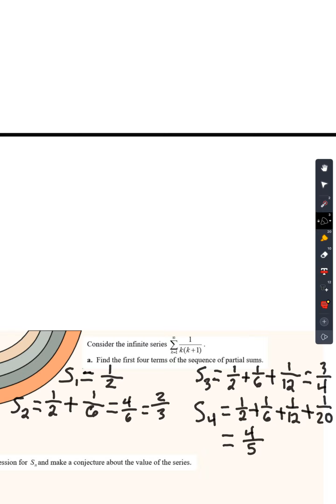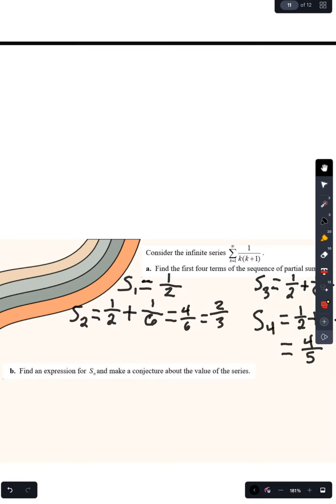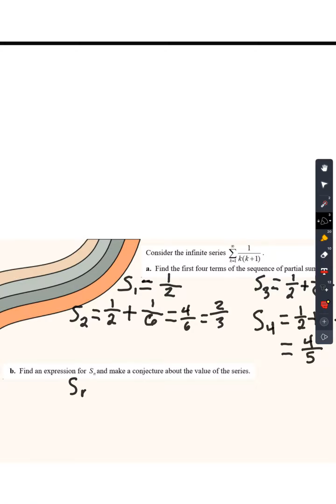So looking at those now kind of as a list in and of themselves, we had that our S sub n equals, we got 1/2 first, then 2/3, then 3/4, and then 4/5.